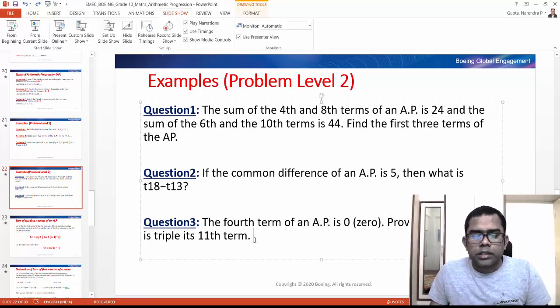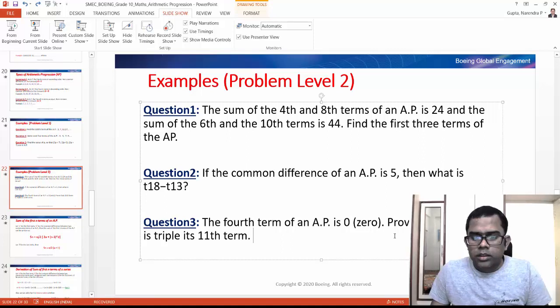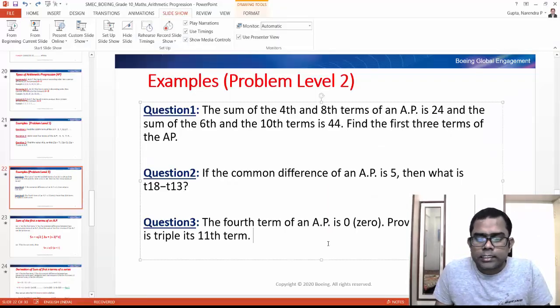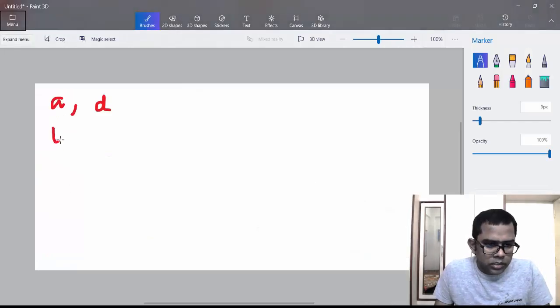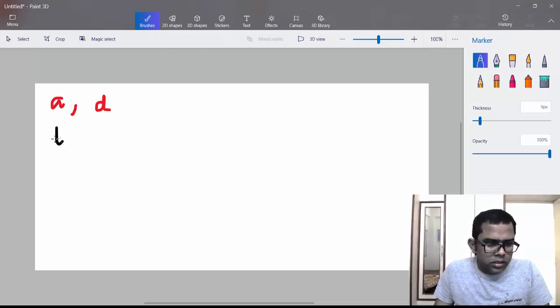So here let us assume that A is the first term, D is the common difference, and we shall designate each term as T. For example, T4 is equal to 0.